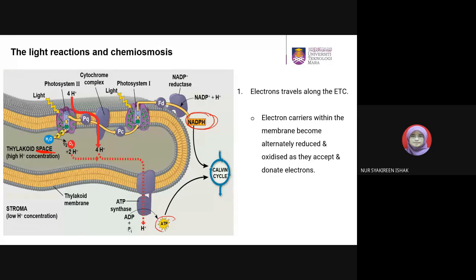Same goes to ATP. It is produced and released in the stroma sebab Calvin cycle berlaku dekat dalam stroma. So concentration of hydrogen ion in the lumen is really high compared to the concentration of hydrogen ion in the stroma, which is low. Okay.